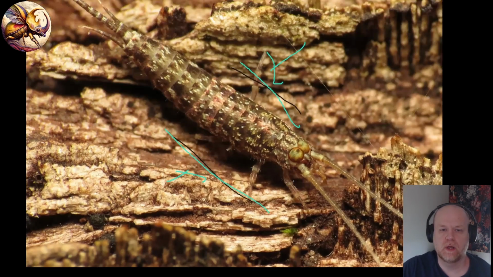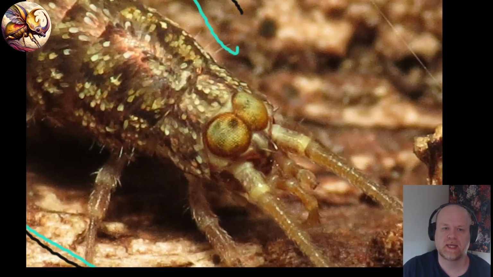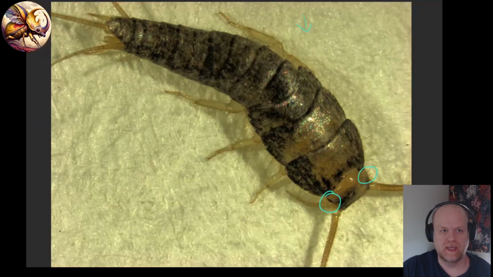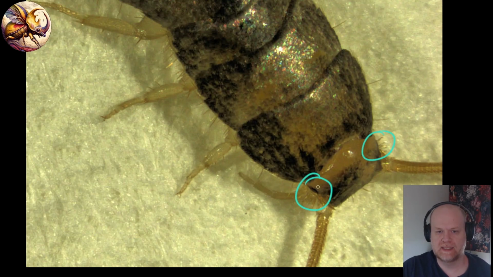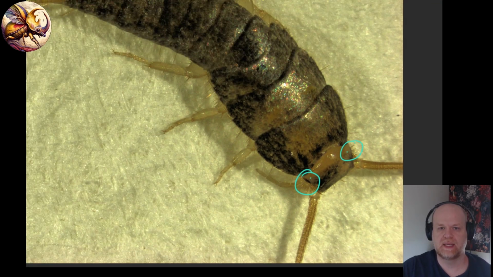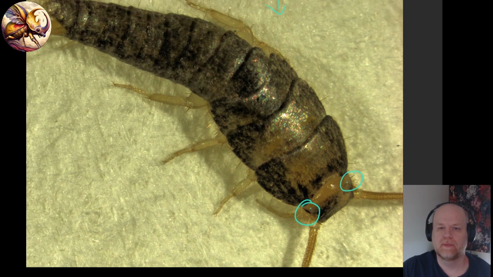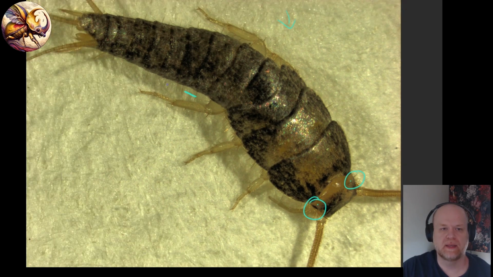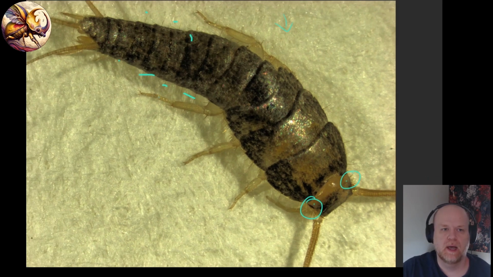If you will remember with the Archaeognatha, if we zoom in here, they have these giant compound eyes that are usually touching or fused together. And in the Zygentoma, the eyes tend to be onto the sides of the body, and they tend to be pretty small. There are other differences, like they don't have all the huge abdominal styli.